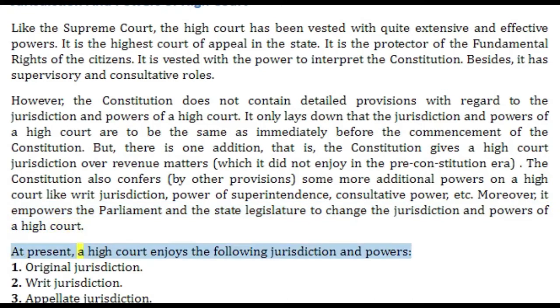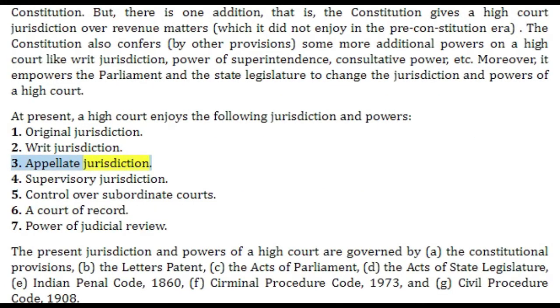At present, a High Court enjoys the following jurisdiction and powers: 1. Original jurisdiction. 2. Writ jurisdiction. 3. Appellate jurisdiction. 4. Supervisory jurisdiction. 5. Control over subordinate courts. 6. A court of record. 7. Power of judicial review.